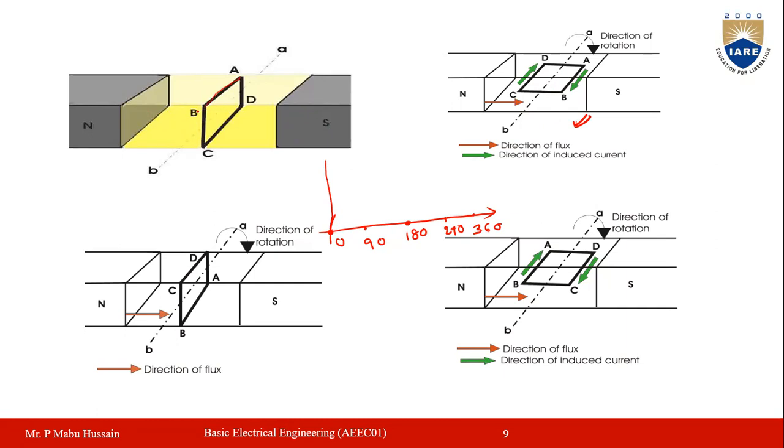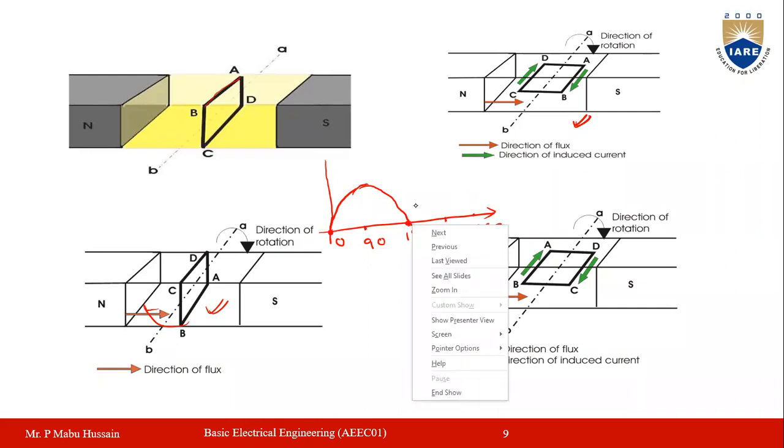In such a case, there is no linkage of flux, so it will be 0. Then the EMF in the conductor will go on increasing and reach the maximum value after 90 degrees rotation, in the vertical position. Then if you rotate further, it will decrease, and again it will come parallel to this, so again it will be 0.